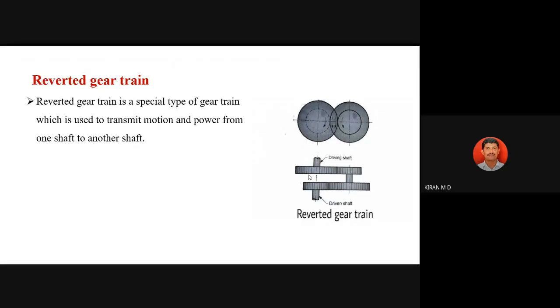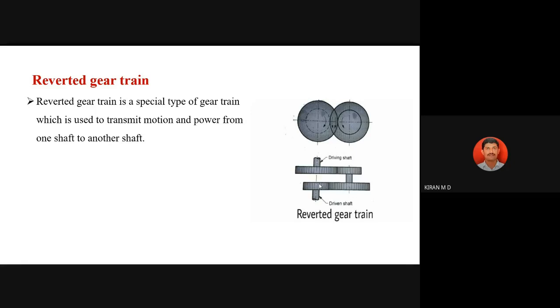So just consider the example. This is connected by using a hollow type shaft. So we connect this for the minute needle. This will rotate 1 revolution per hour. Again it is connected to a smaller gear, so the speed will increase. Again this is connected here, both speeds are the same.